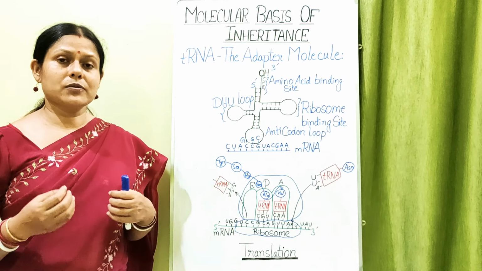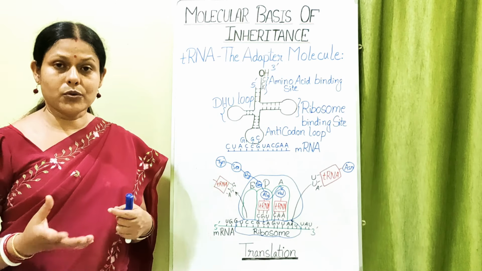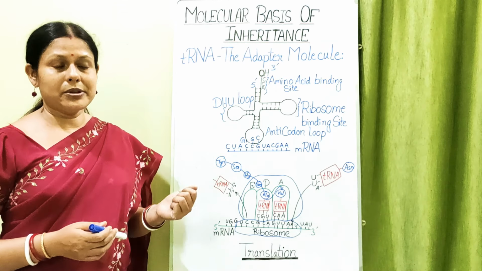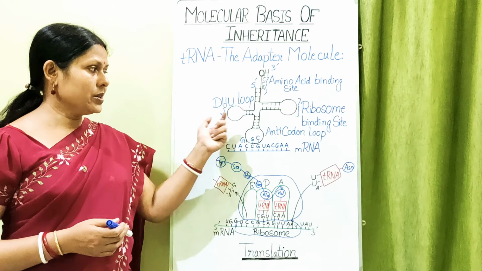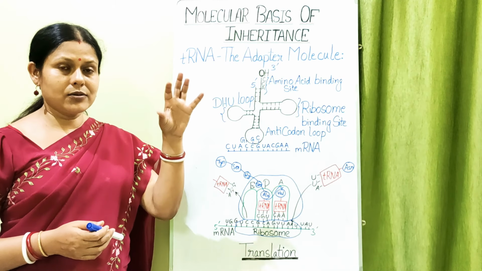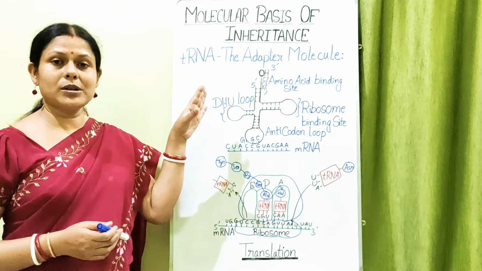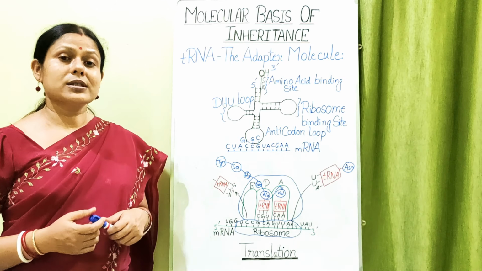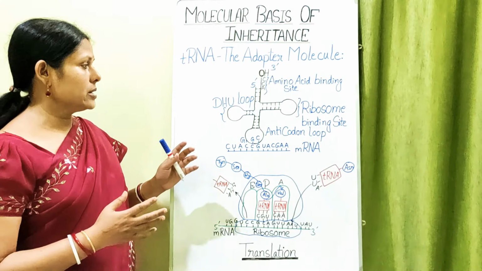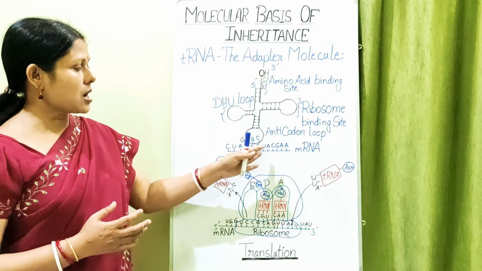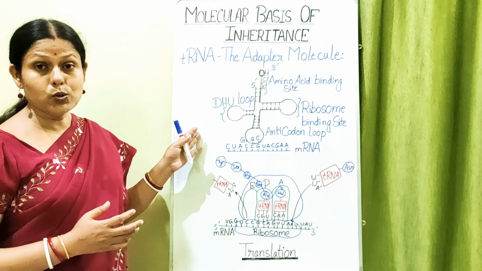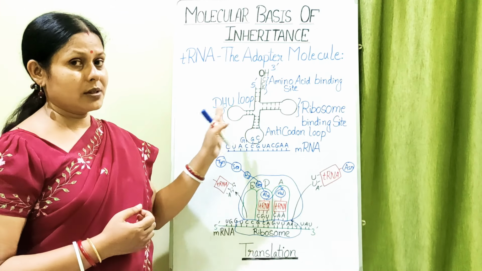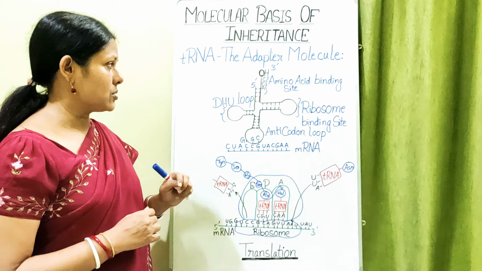It is just formed of 100 nucleotides or a few more, and these nucleotides sometimes, because of complementary base pairing, form a looping structure which appears to be like the letter L in English, or sometimes it is also known as a clover leaf model. So this is how the structure of the tRNA looks, because of the complementary base pairing between the nitrogenous bases.